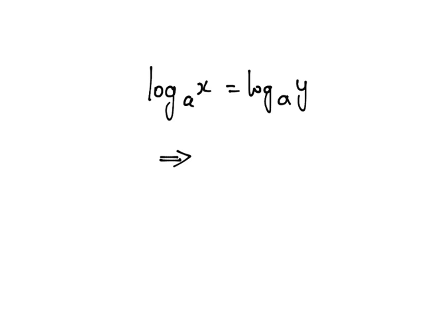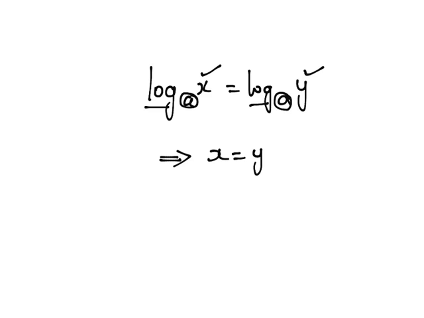And also, in case log x to the base A equal to log y to the base A, then this implies that x equals y. As you can see, the log and the bases are the same, therefore x and y are also the same.